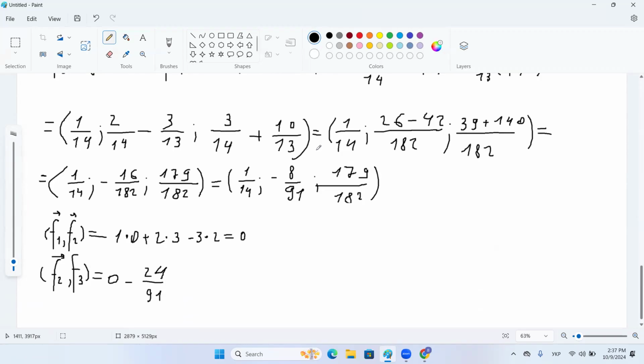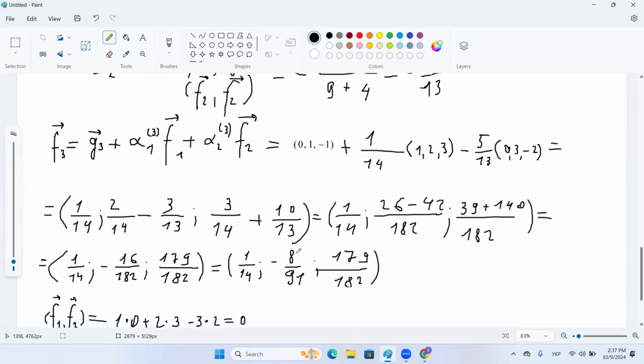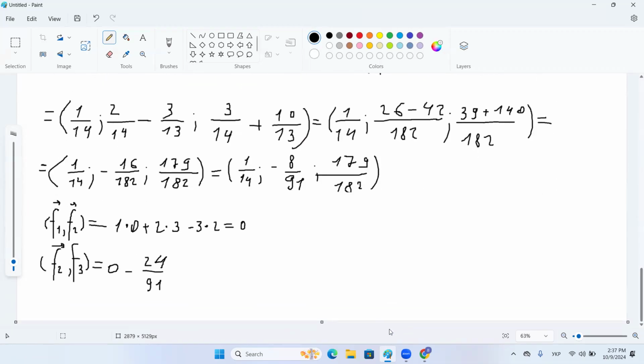Okay, so currently we do not have enough time to finish it because we also need to look at the next task. But what is the idea of how to move to an orthonormal basis? We need to normalize all vectors in such a way.